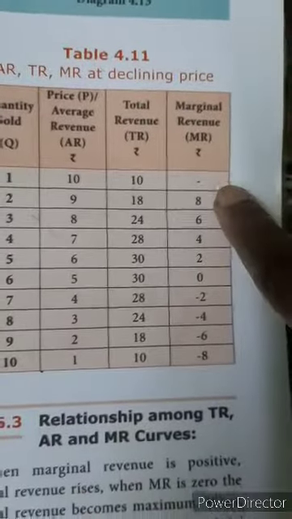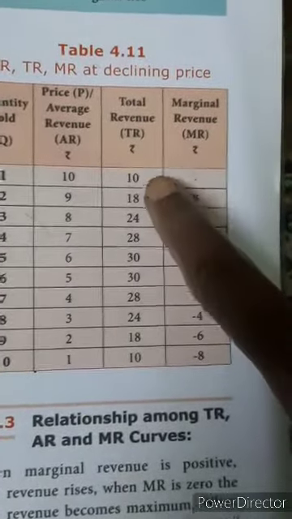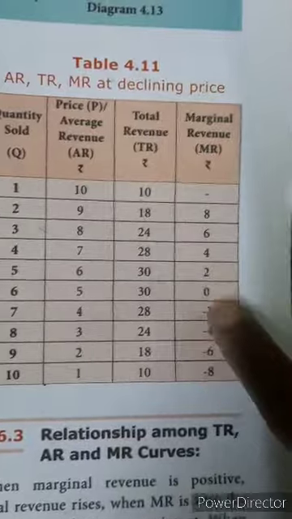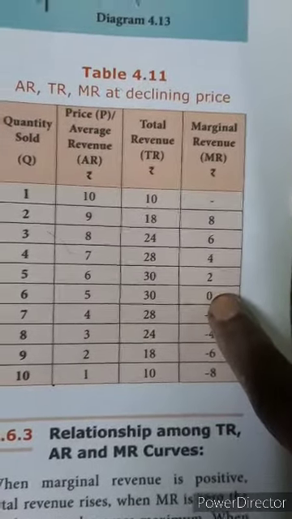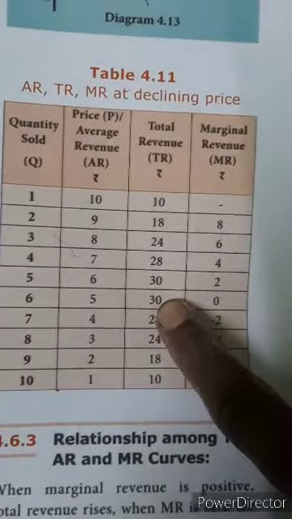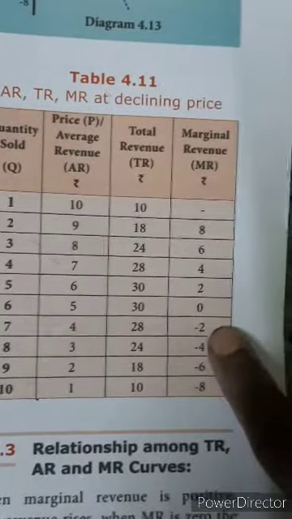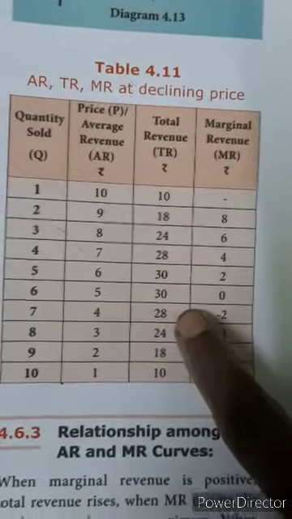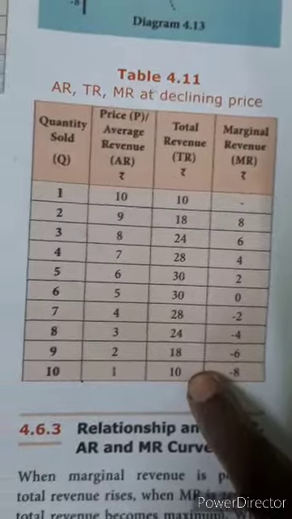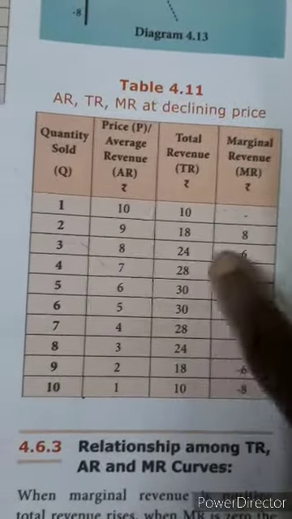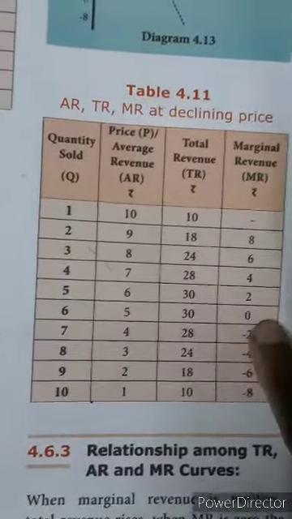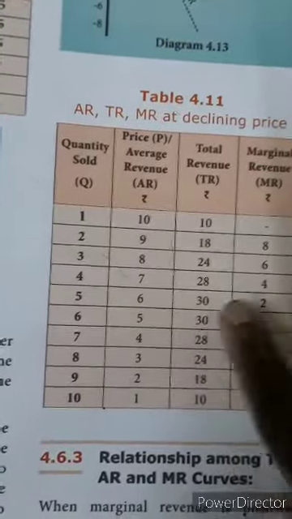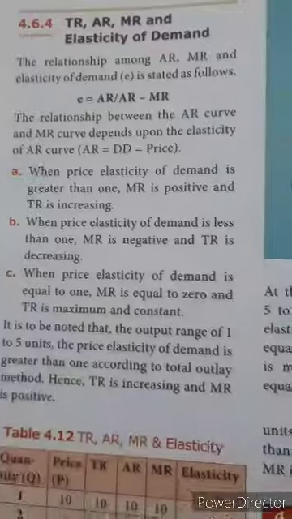When MR is positive, TR is increasing; when MR is 0, TR is maximum; when MR is negative, TR is declining. So this is the relationship between AR, total revenue and marginal revenue.